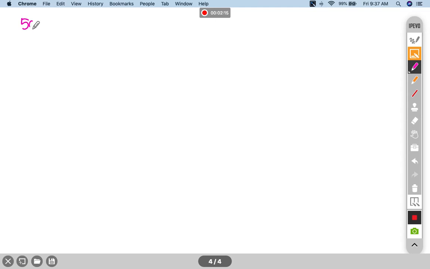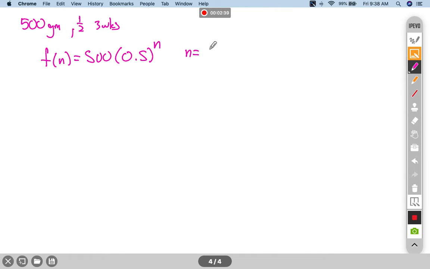And we have 500 grams and a half-life of 3 weeks. So we could right off the bat write a function for this. We say f of n equals 500 times 1/2, I'll put 0.5, to the n power, where n equals number of 3-week periods.